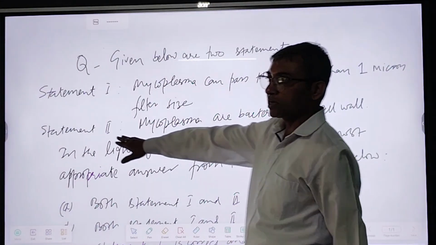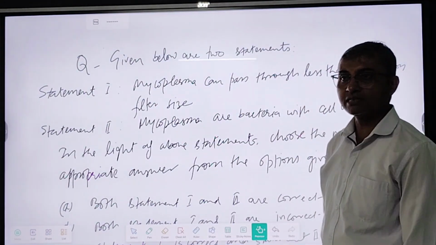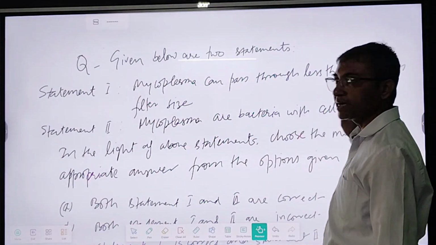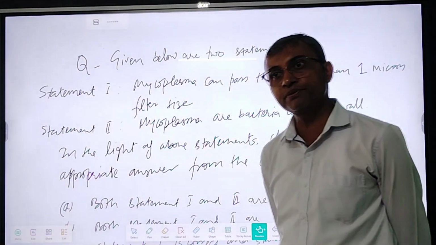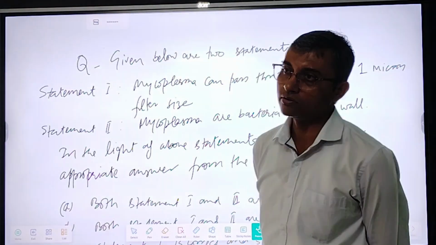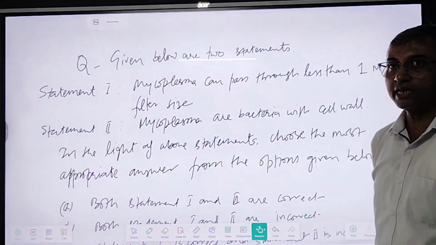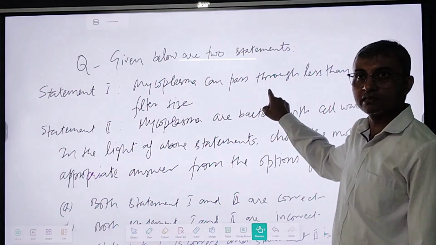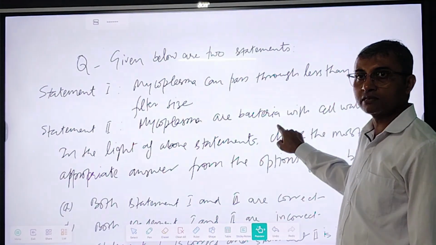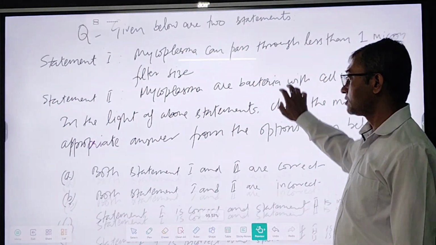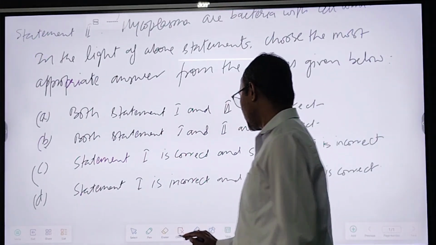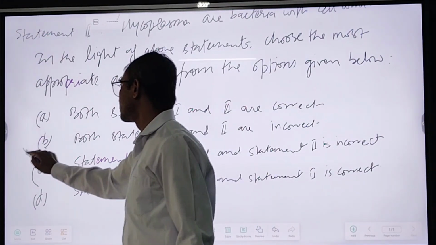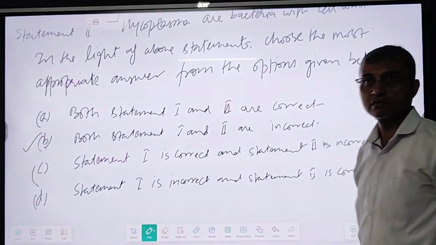But what about statement number 2? It says mycoplasma are bacteria with cell wall. Is there any cell wall present in mycoplasma? No. So statement 1 is correct and statement 2 is incorrect. So C is the correct answer.